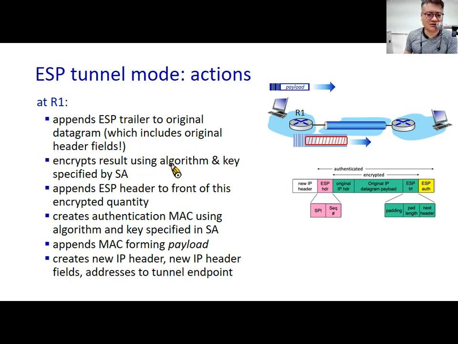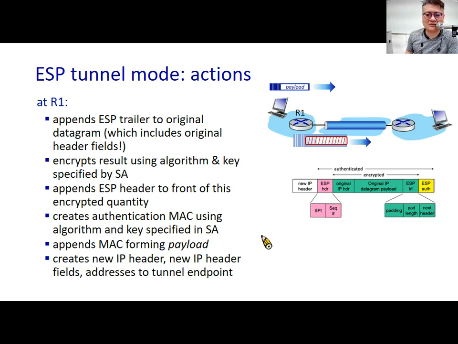Then it appends the ESP header to this encrypted quantity. It creates an authentication MAC using the algorithm and key specified in the SA, appends the MAC forming the payload, and creates a new IP header field addressed to the tunnel endpoint.